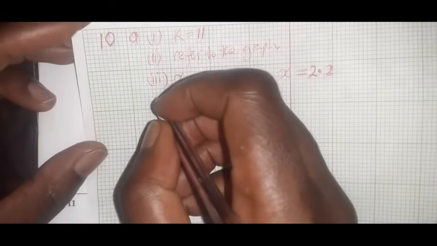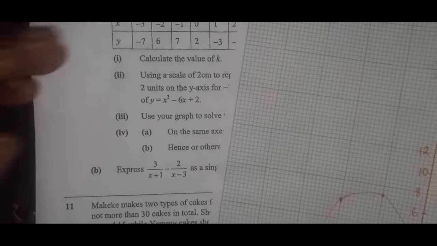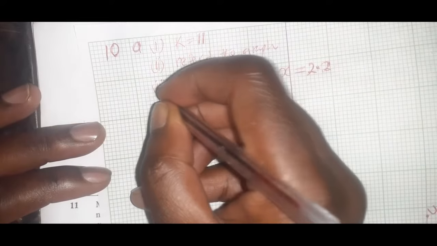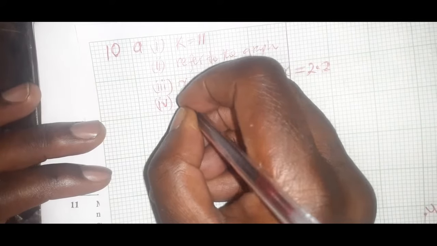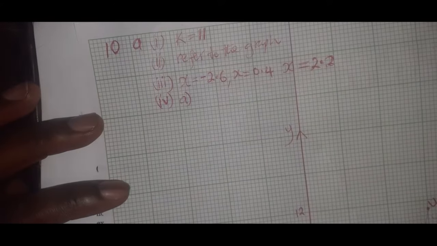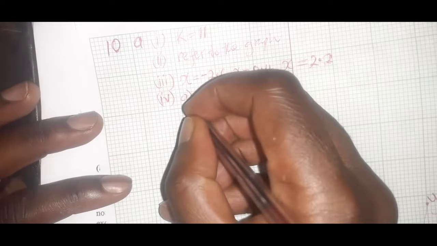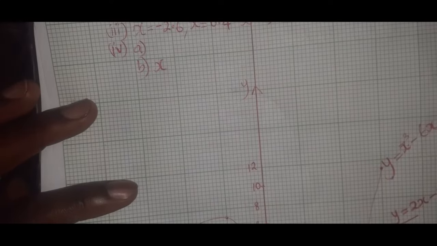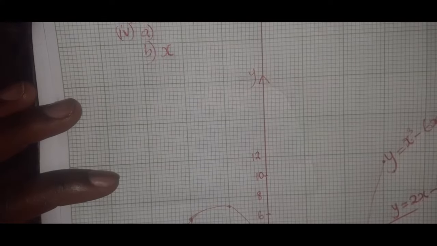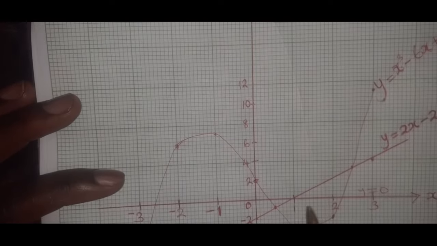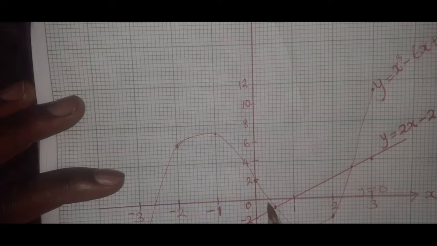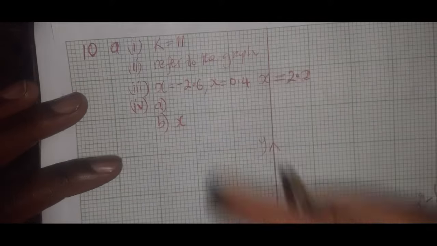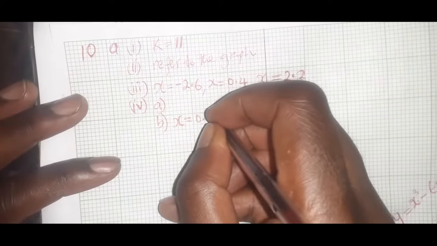Okay, so here we have number 4. We refer to B now. Remember, A is this line that we have drawn. So for B, we want the x coordinates here. This is going to be 1, 2, 3, 4, 5, so x is 0.5.